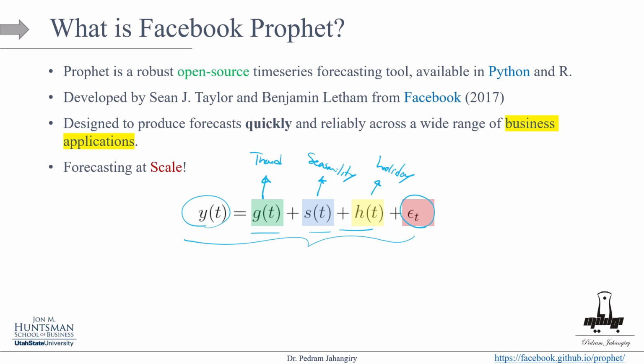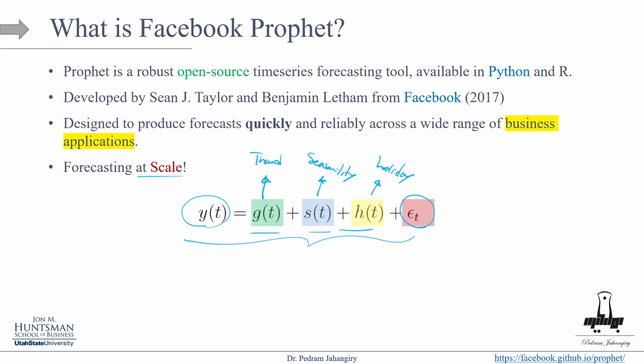Also in Facebook Prophet, the authors talked about scale. This is the title of the paper, Forecasting at Scale. And we said they had three things in mind when they were talking about scale. First, the model is accessible. By scale, they mean a large number of people can make these forecasts. The second one was that a large variety of forecasting problems can be covered by Prophet, which I guess they were not successful at, because we will see that not a large variety of forecasts can be done with Prophet, since it has its own caveats.